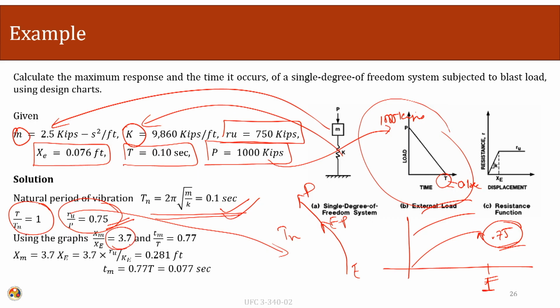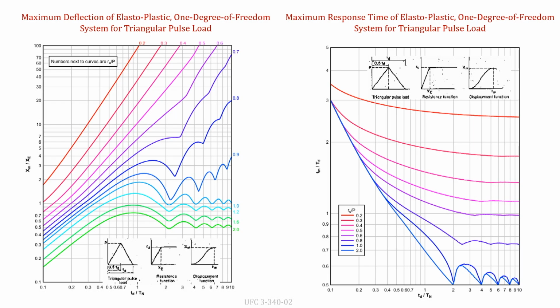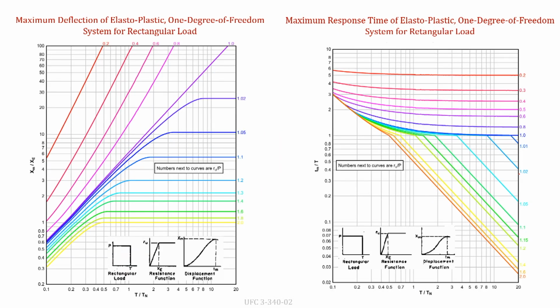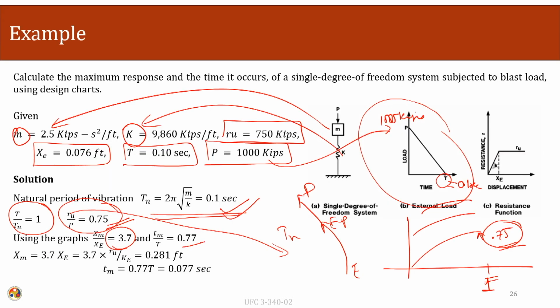And the value of Tm over T, using the same thing, 1, between the 0.8 and 0.7 curves, this value comes out to be 0.77. So, x max equals 3.7 times the value of xe. That value is already given out here. From there we can calculate the value of x max and the value of Tm.